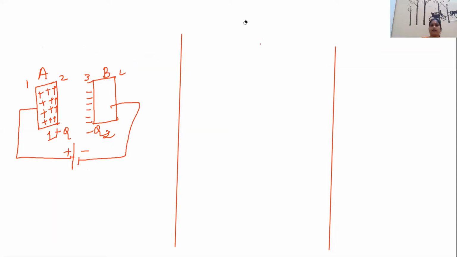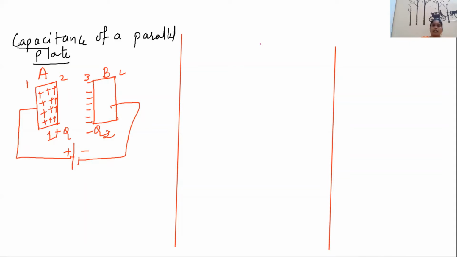Let us write the name of what we are deriving now: the capacitance of a parallel plate capacitor. So why is it called parallel plate? Because two plates are kept parallel to each other in the formation of a capacitor.